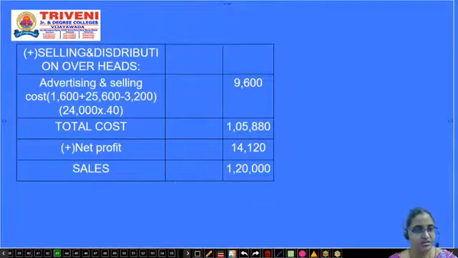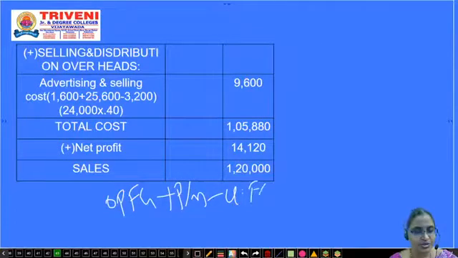The formula was opening finished goods plus number of units produced minus closing finished goods, which gives the number of units sold.